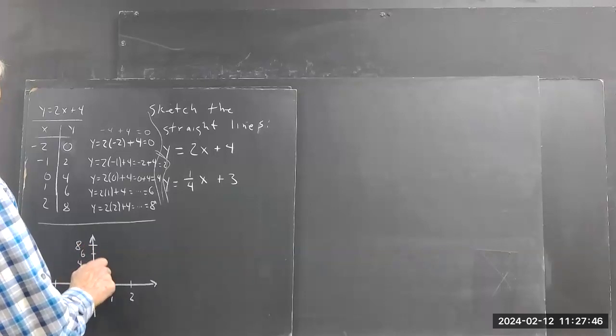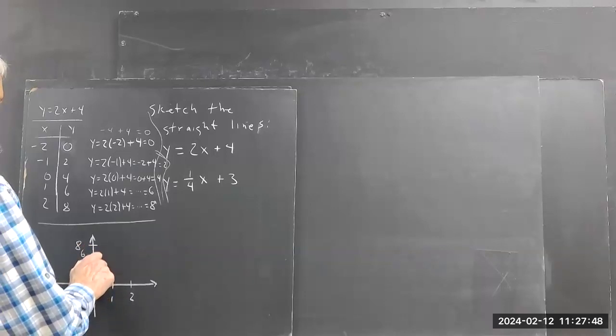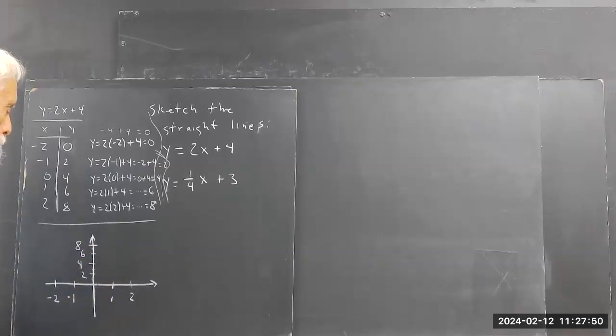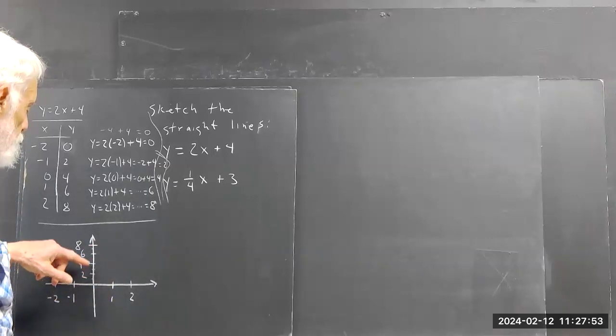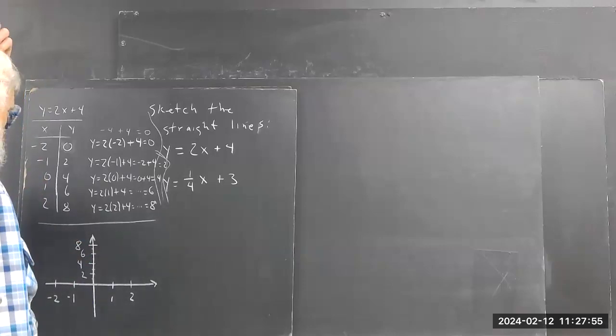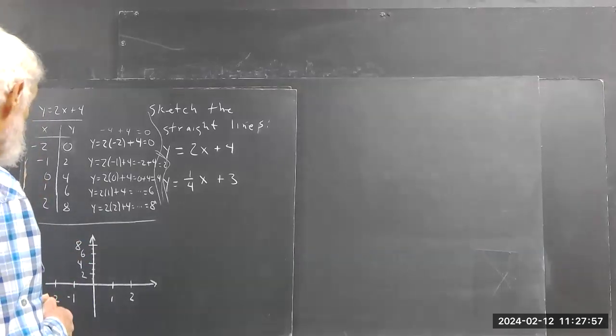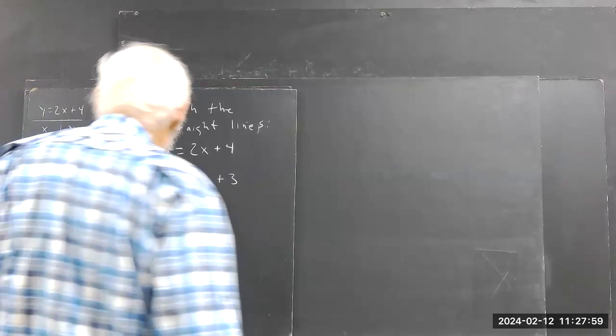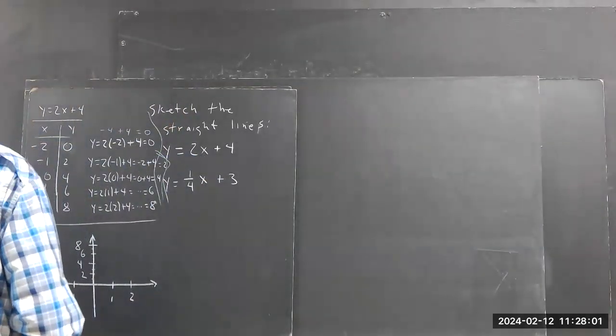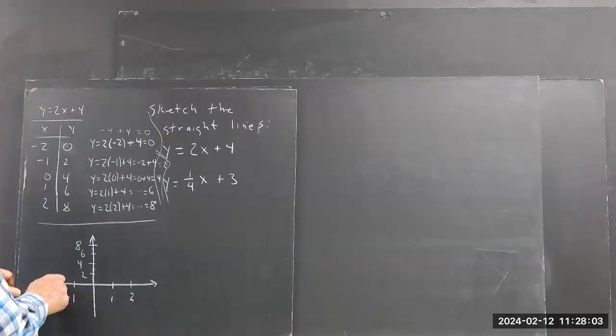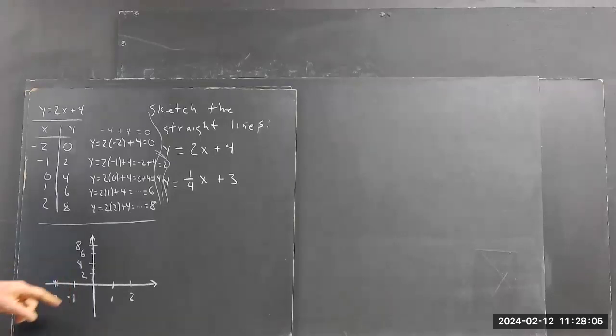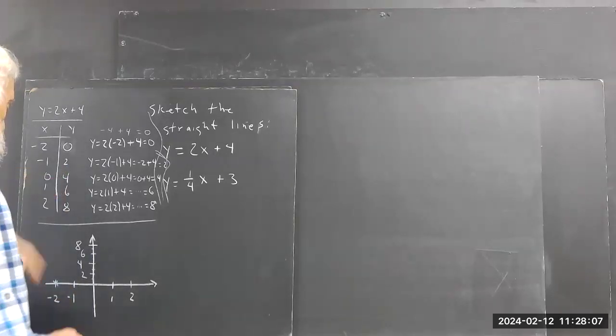Here I get 6. Those are the numbers I need to do the graph. I'll put little marks there for 1, 3, 5, and 7 as well. Then I just plot my points. If x is -2, y is 0, so I'm going to put a point right here. If x is -1, y is 2.